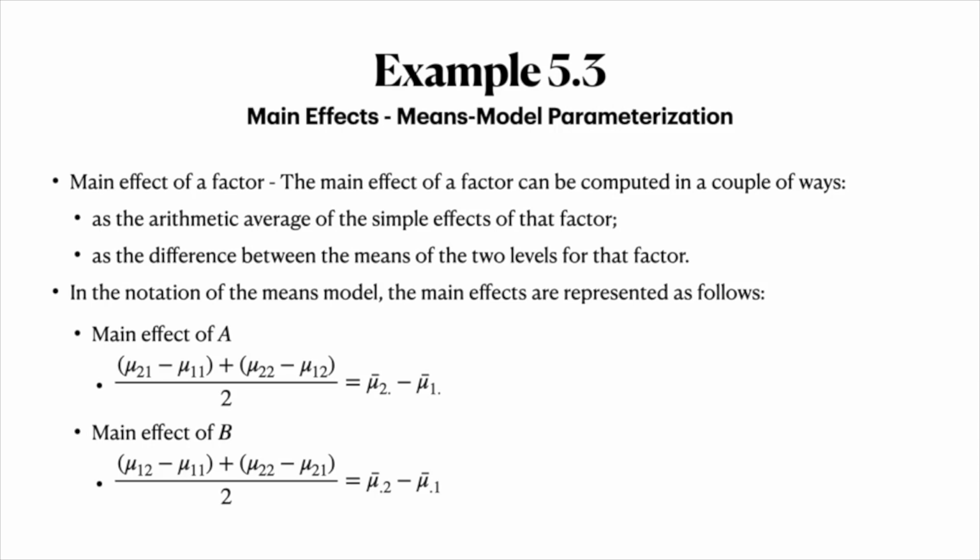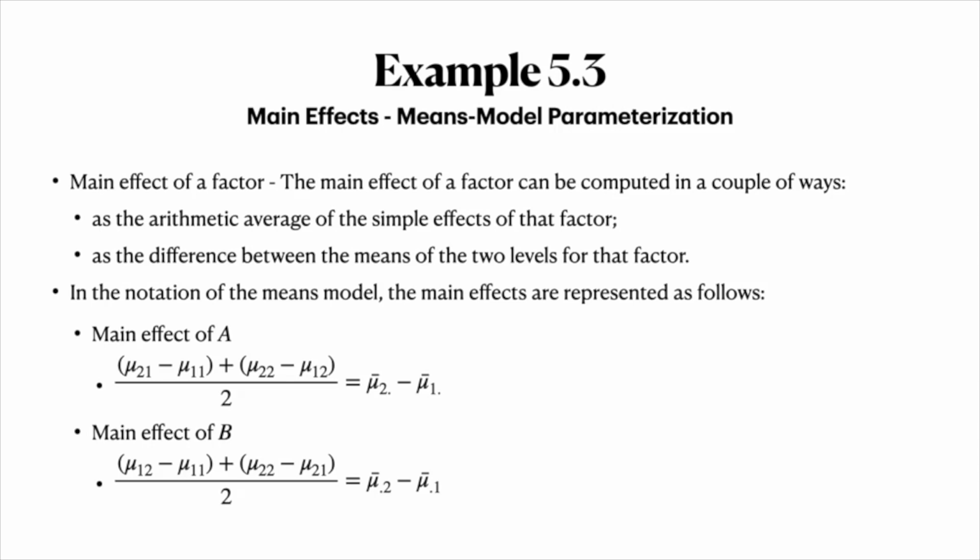In the notation of the means model, the main effects calculations are represented as follows. For each of these two equations, the main effect of A and the main effect of B, I have two representations. The representation on the left-hand side of the equal sign is the main effect as the arithmetic average of the simple effects for that factor, and the expression on the right-hand side is the difference between the means of the two levels for that factor.